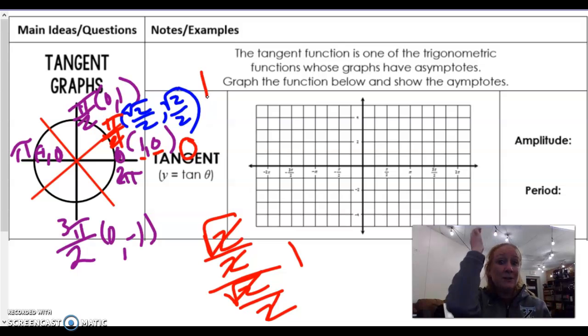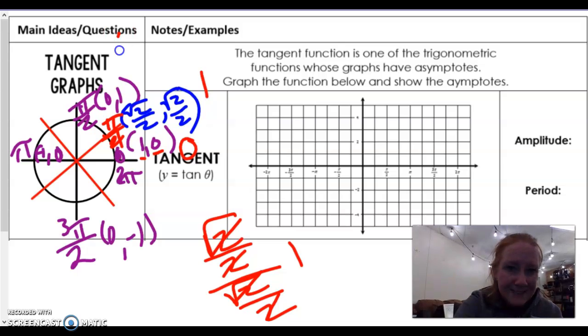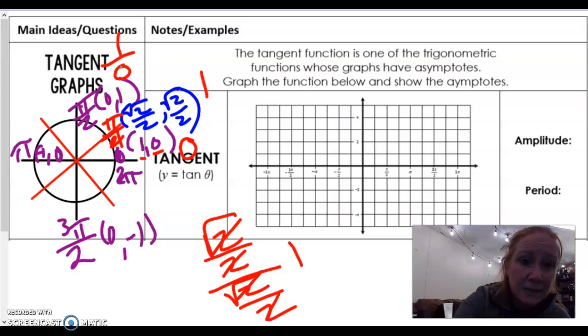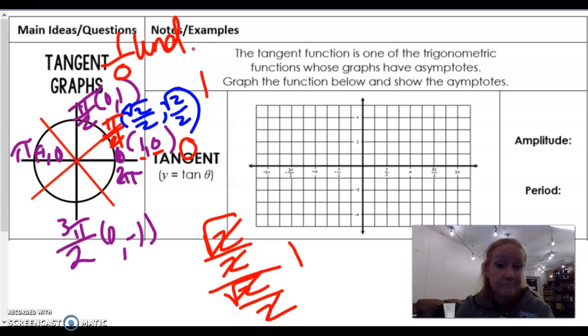Now the tangent at pi over 2 is 1 over 0, because it's y over x. Can you divide anything by 0? You cannot. So this right here, 1 over 0, is undefined. This one is going to be 1 except the x value is negative and the y value is positive.